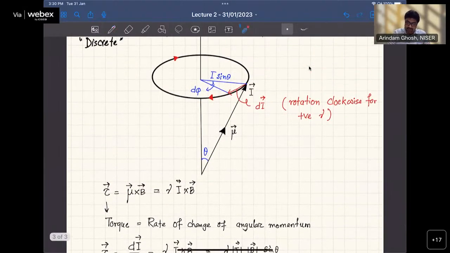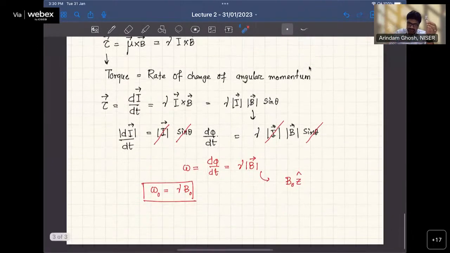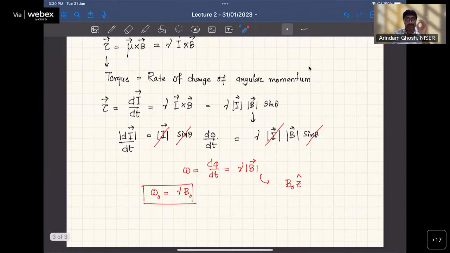It is the speed at which this tip is rotating across this circle. So you have this magnetic moment, and the tip is going to have a torque, and that torque will make it precess like this. This precession frequency is going to be proportional to gamma and proportional to the magnetic field we are using. So this is called Larmor precession.